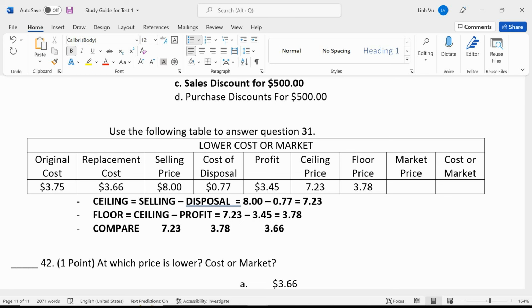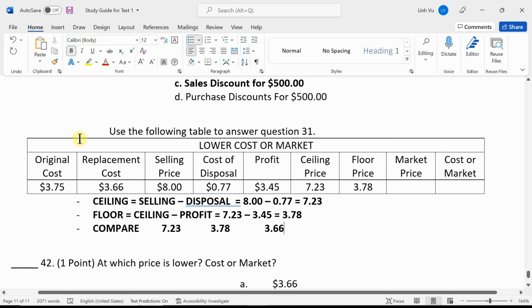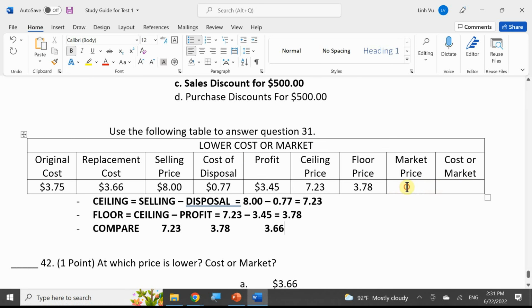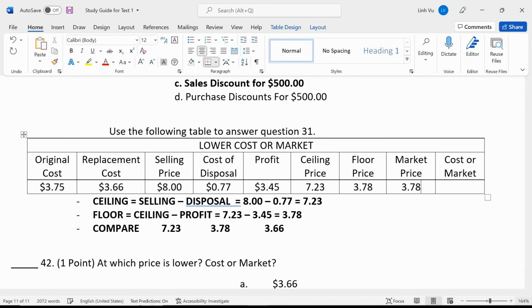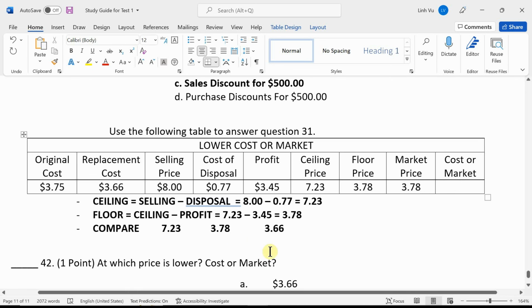So, which one's in the middle? The floor price of $3.78, right? Because your replacement of $3.66 is lower. So that means you're going to end up choosing the floor.